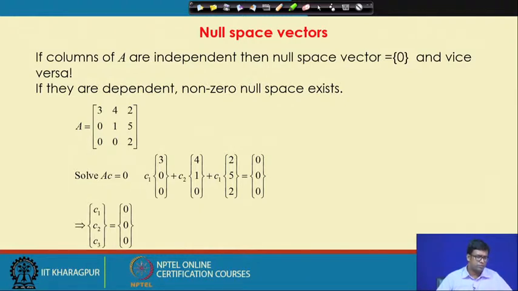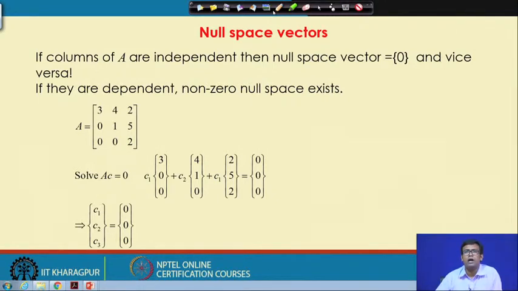So, depending on the null space, we can determine whether the columns are linearly dependent or independent. If the only null space vector is 0, then it is a linearly independent set. If there is at least one non-zero null space vector, then it is a linearly dependent set.